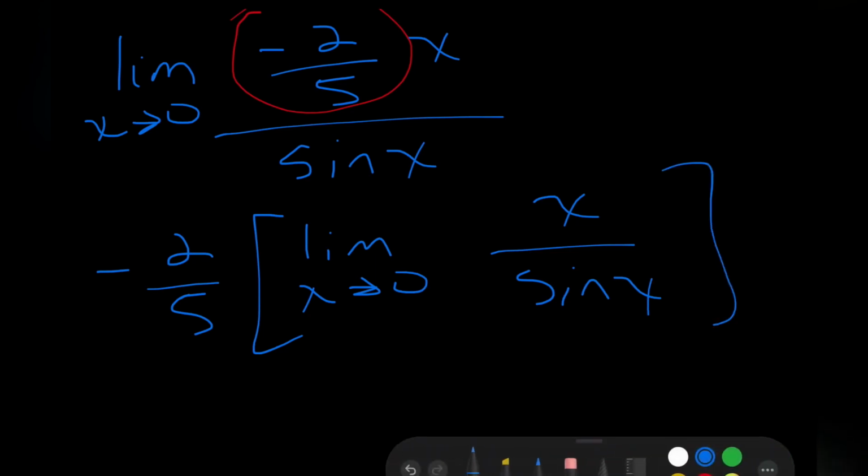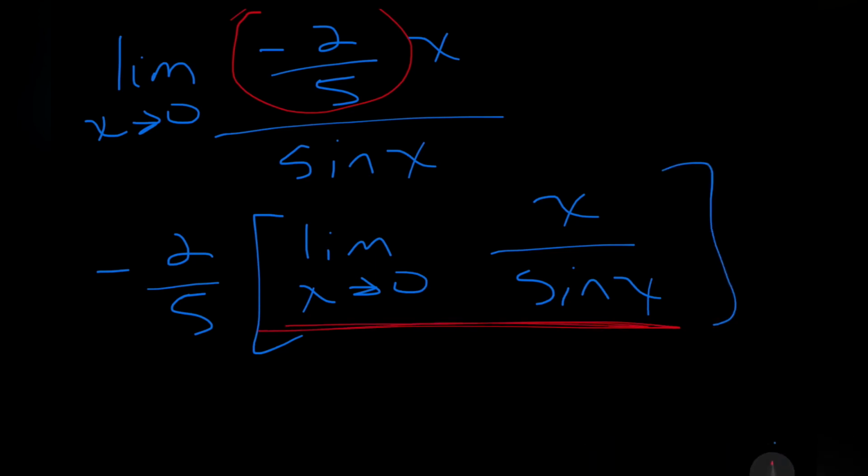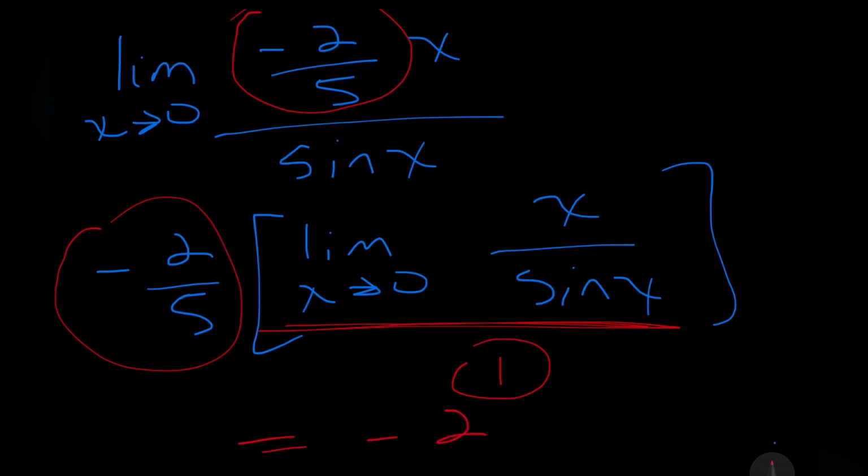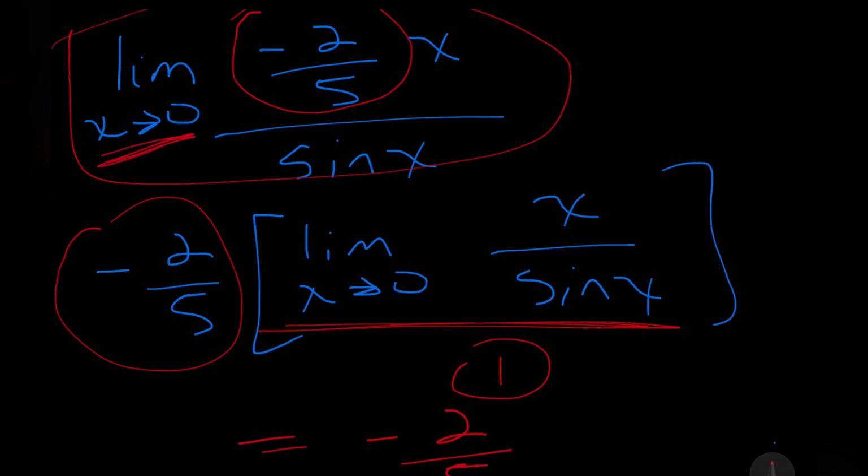And we know from before that this is equal to 1. The limit of x over sine x is equal to 1. So this 1 times this negative 2 over 5 would result in a negative 2 over 5 for our answer. So the limit of this function as x approaches 0 is equal to negative 2 over 5.